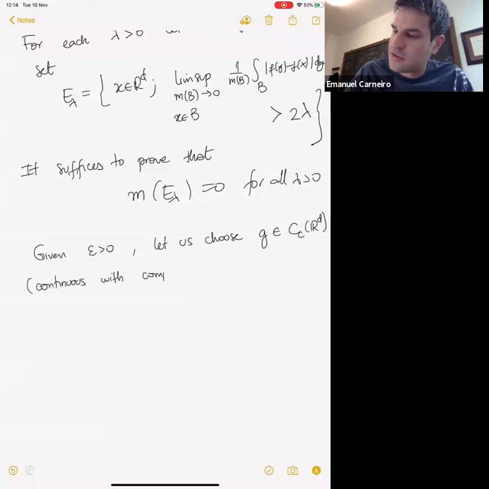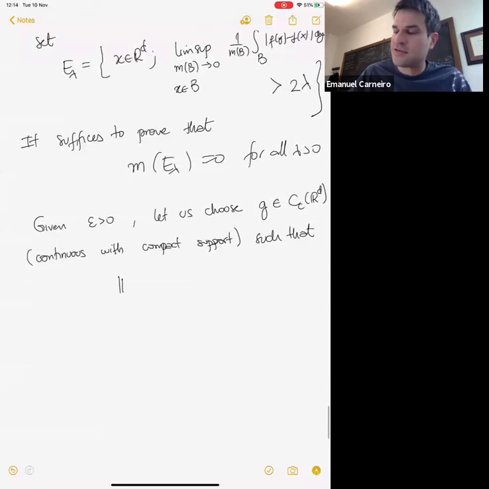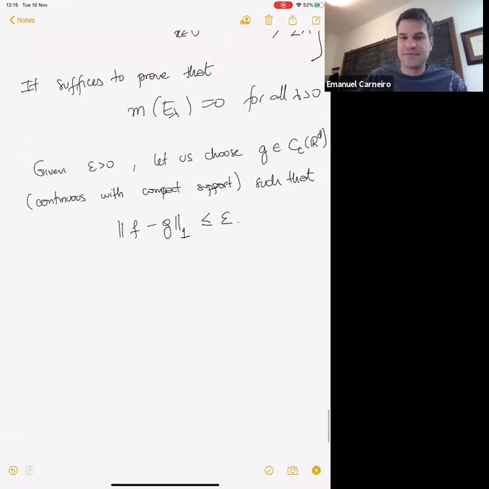We have already seen that the functions that are continuous with compact support are dense in L1. So if I gave you f, I can choose a g continuous with compact support such that the L1 norm of f minus g is less than or equal to epsilon.